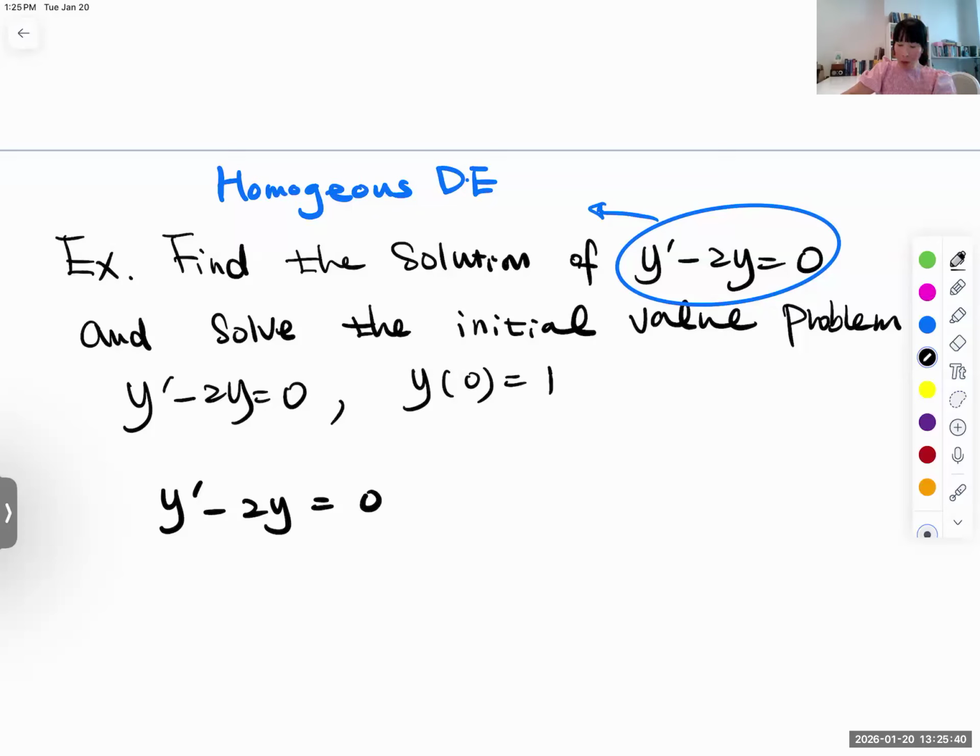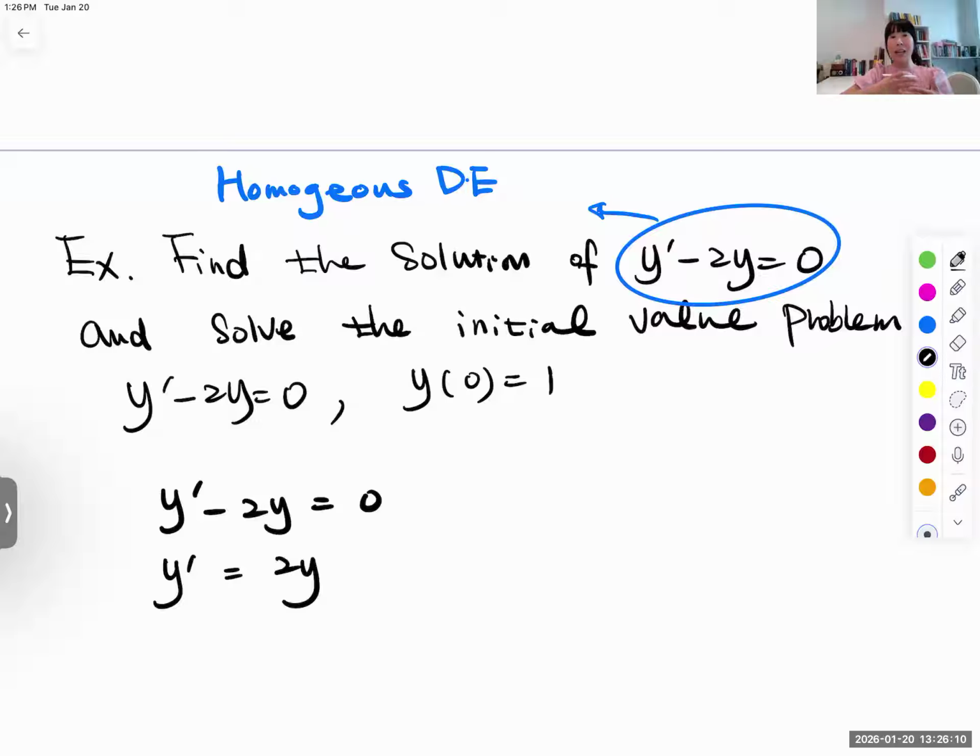But basically, we want to have y prime itself, so let us do this. y prime equal to 2y.